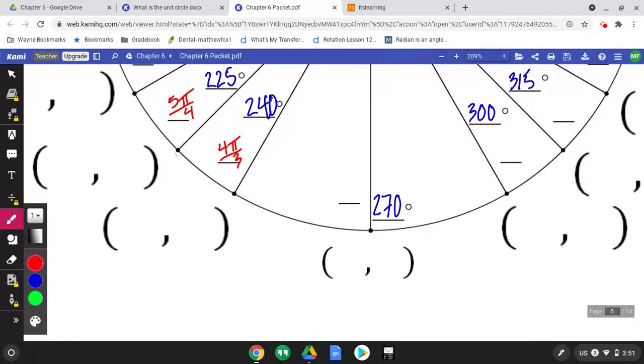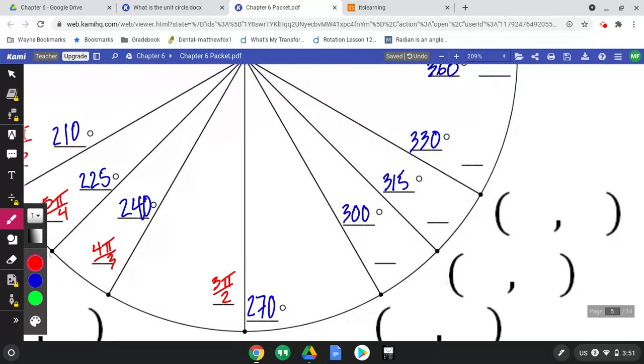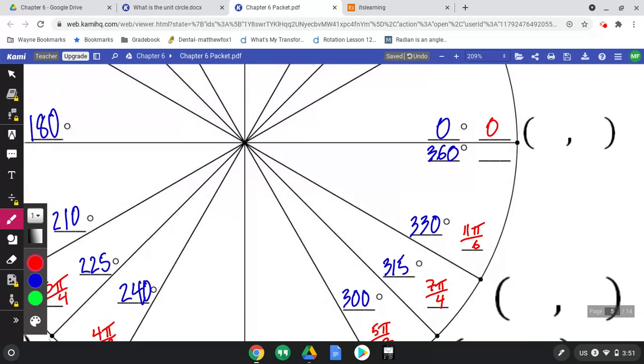At the bottom, we'll get 3 pi over 2. And then we start working our way around the other side here. 5 pi over 3. 7 pi over 4. 11 pi over 6. And our final one here, 360 degrees, one full rotation is the same as 2 pi radians.